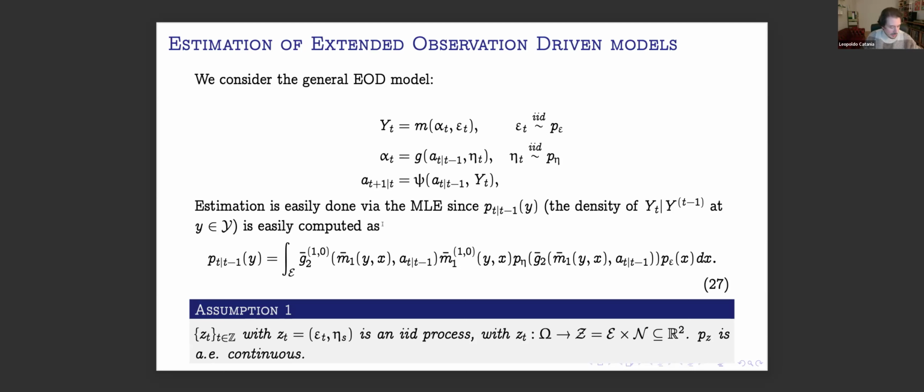Okay, now I'm gonna be fast here. First of all, because I'm still working on this part, and also because there are a lot of formulas and it is very boring. Now, in the paper, what I do is I consider this general specification, and I propose to estimate the model by the MLE resorting to the observation-driven representation of the model.